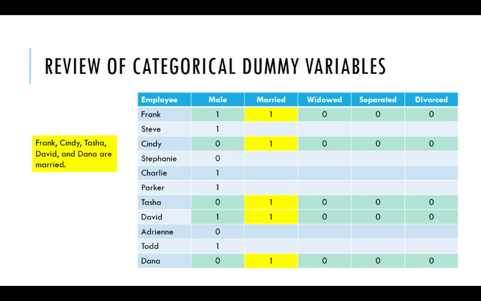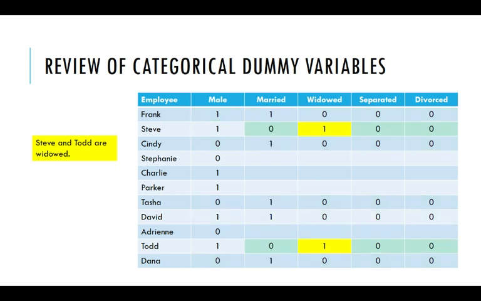If we know that Frank, Cindy, Tasha, David, and Dana are married, then we would put a 1 in that column, but they get a 0 for everything else. So you see here, I've coded it for example, Frank, 1 for married, but he's not widowed, separated, or divorced, so those are all zeros.